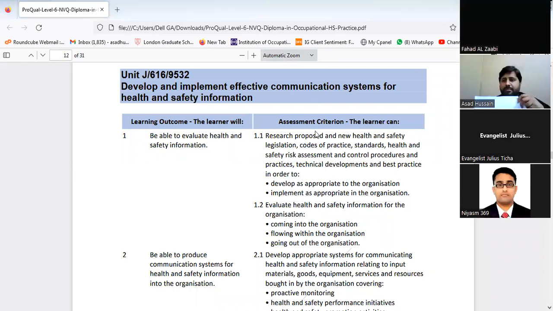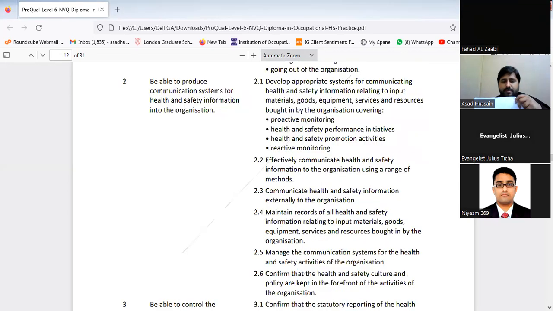Is it fine, please? Yes, Fahad. For this item, we have a list for all the information which came from out to in and from in to out. And we have transmittal letters, but it's not only related to the HSE, it's related to all the things in the organization.